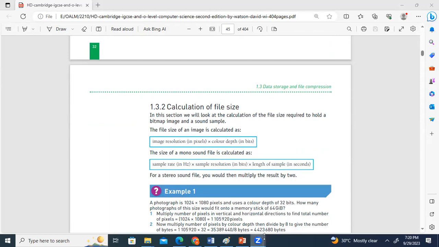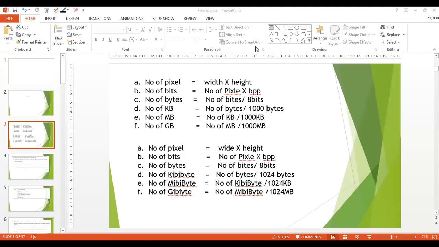I'm showing you another slide like this one. I hope you can see that. Whenever you calculate file size, you have to follow this sequence. As per the new update given by the IEC, calculation in terms of 1000 is not allowed.